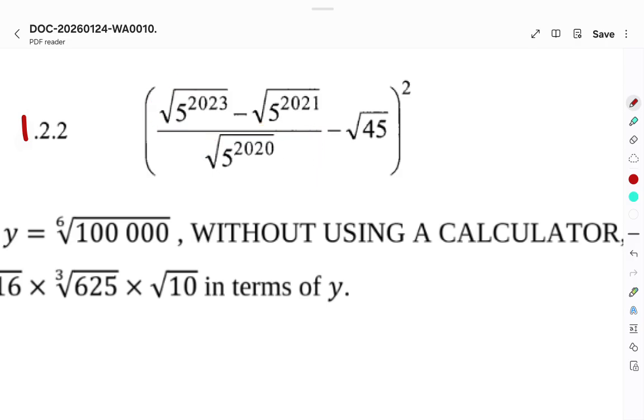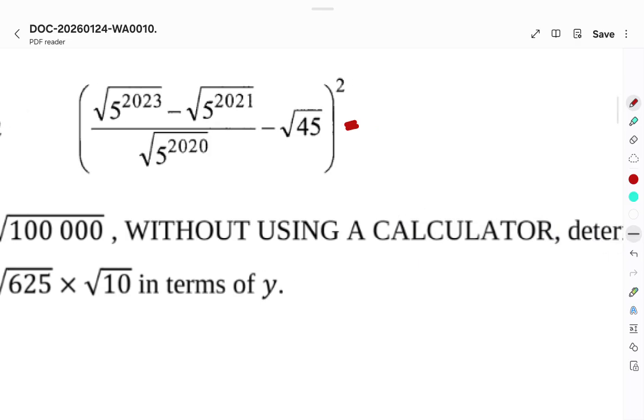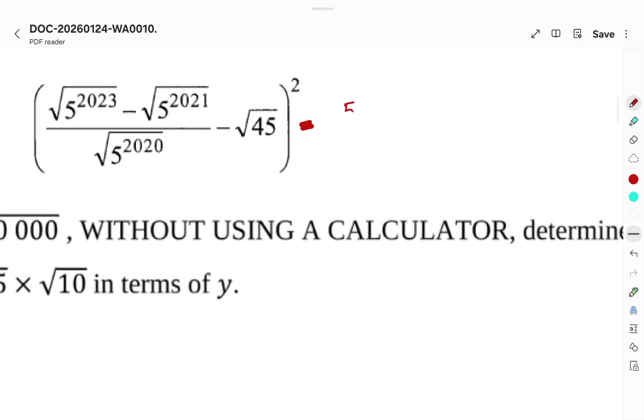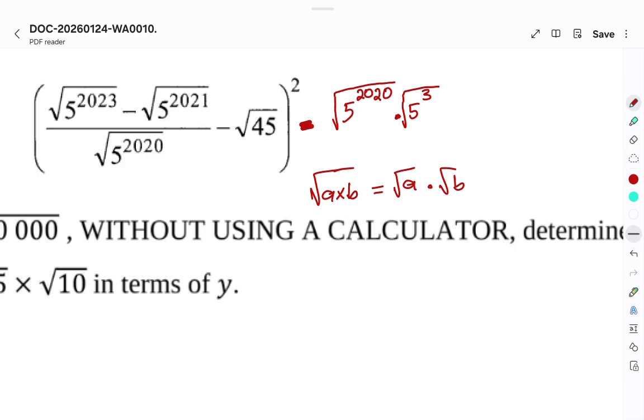Okay, so this is going to be equal to, let me reduce my pen a little bit. This is equal to, then you have the 5. Instead of 2023, it's going to be 2020 times the 5 to the root of 3. So you know that the square root will apply there and apply there, based on this fact: root of a times b is the same as root of a times root of b.